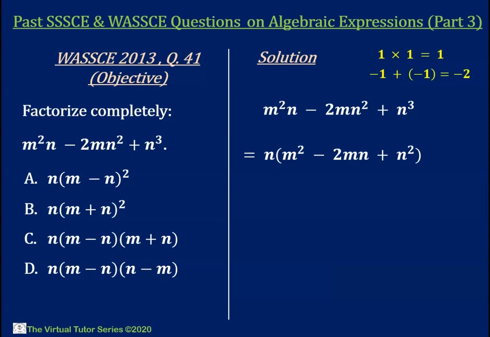Putting -mn and -mn in place of -2mn, we have the factors of the expression as n into bracket m minus n times into bracket m minus n.